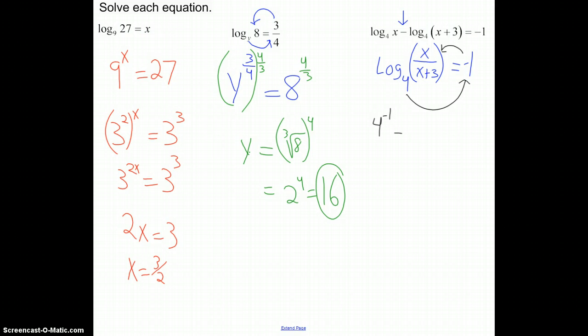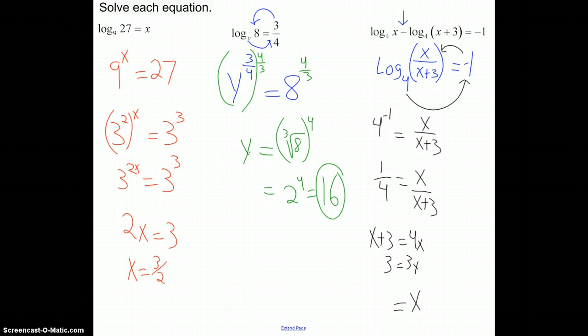So 4 to the -1 equals x over x plus 3. 4 to the -1 power is 1/4. So now we got a fraction equal to a fraction, cross multiply. X plus 3 equals 4x. Subtract an x, we got 3 equals 3x. X is 1.